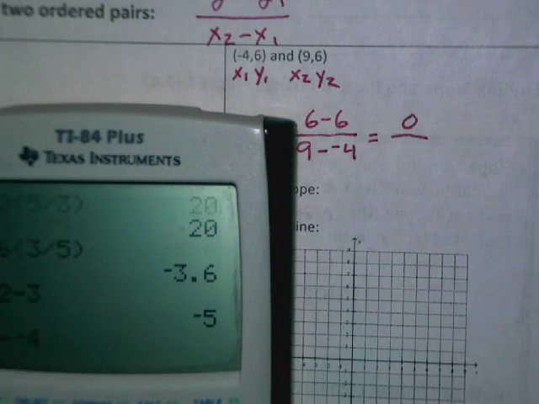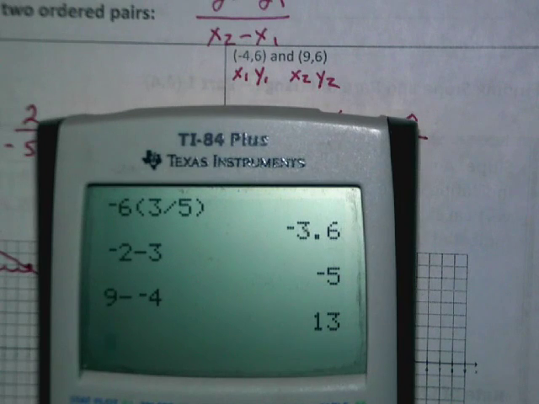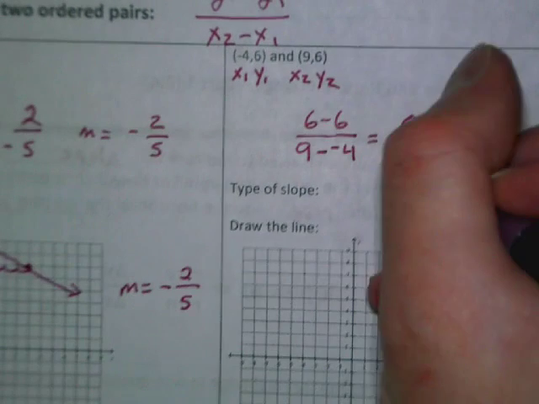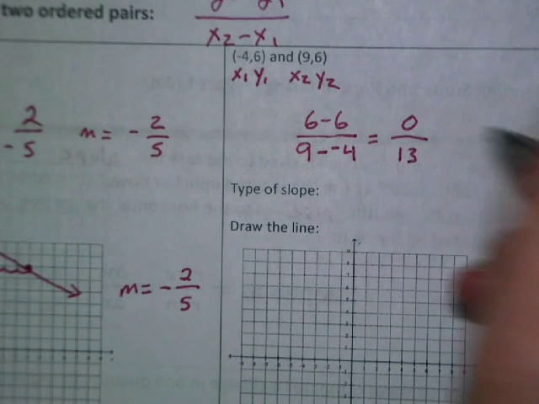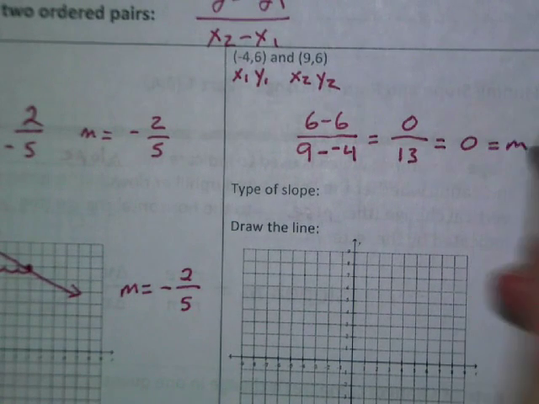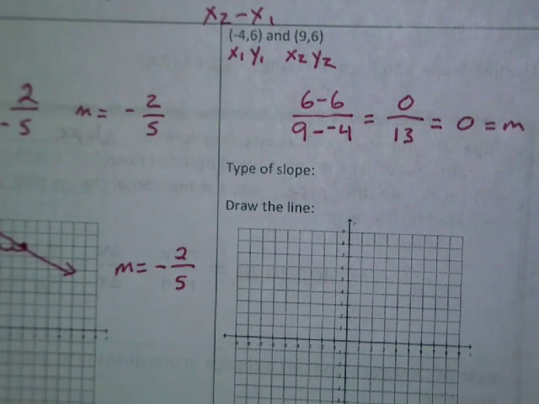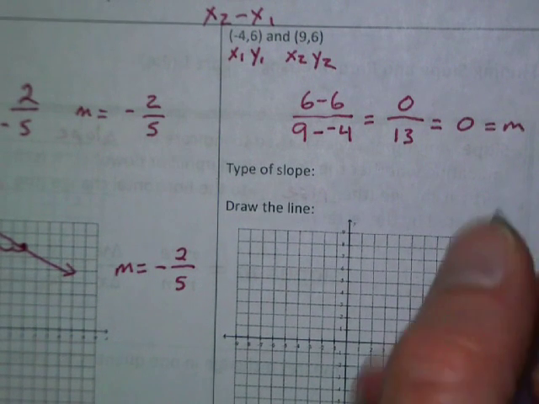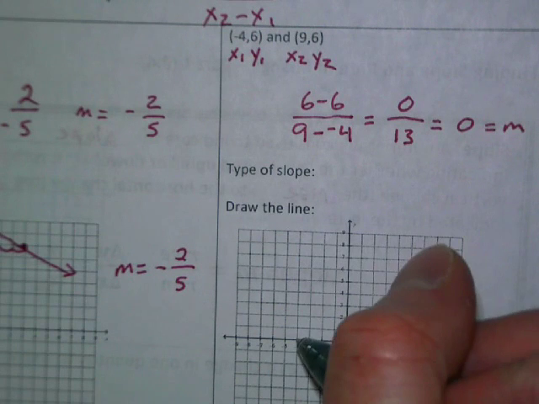So that gives you 0 over 9 minus negative 4. That gives you 13. But it really doesn't matter what's down there, right? Because what's 0 divided by anything? 0. So our slope is 0. So when you get a 0 slope, you should get a line that is horizontal.